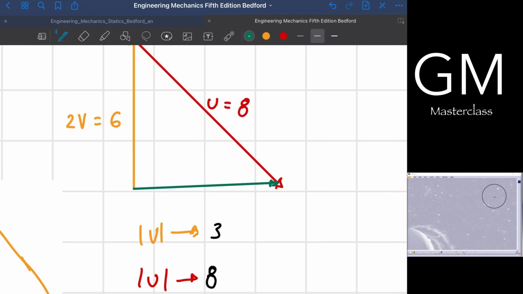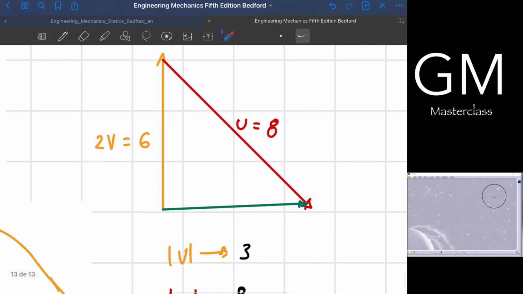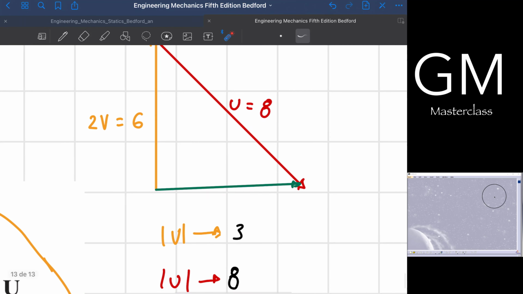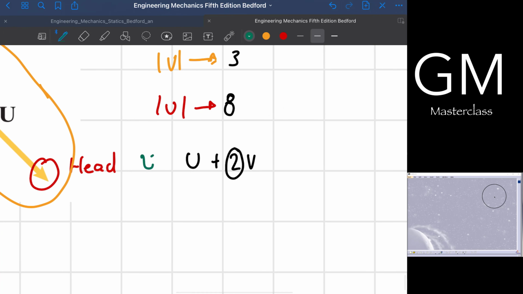Okay, in this case I have to do it this way: tail with tail, head with head. Now I'm going to call that the vector, I don't know, x. So the vector x is equal to this.